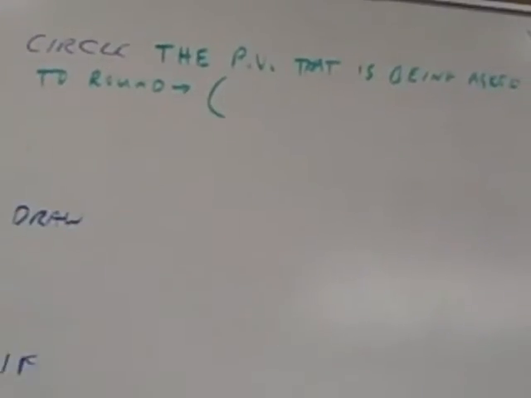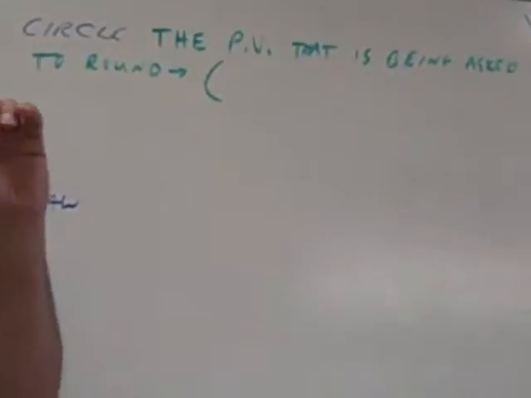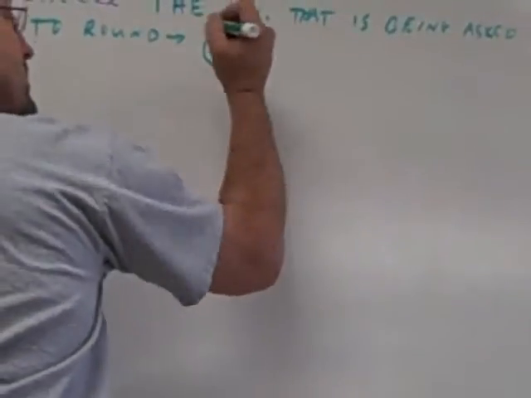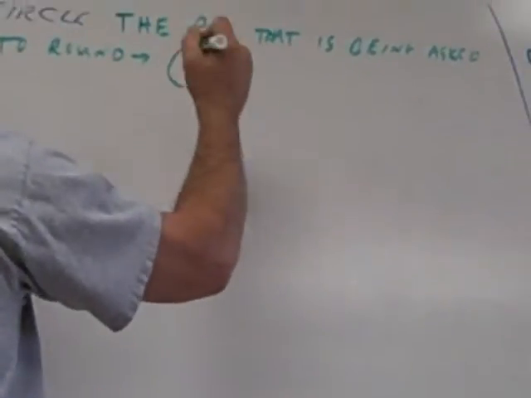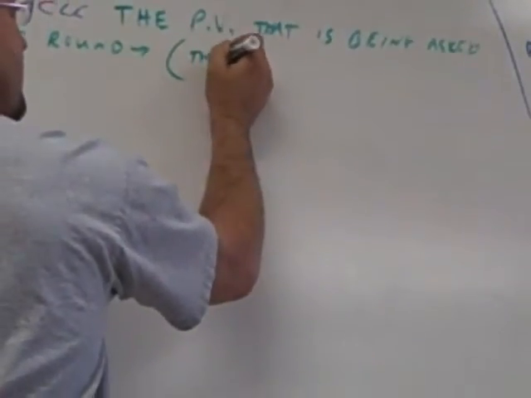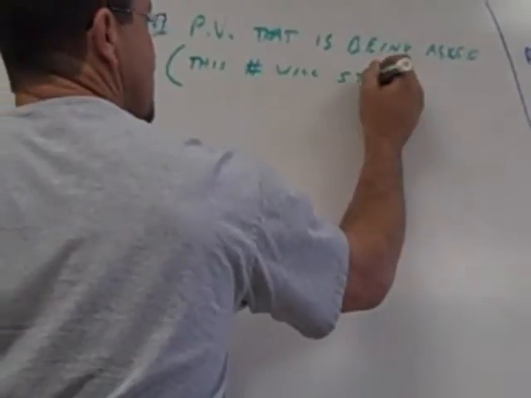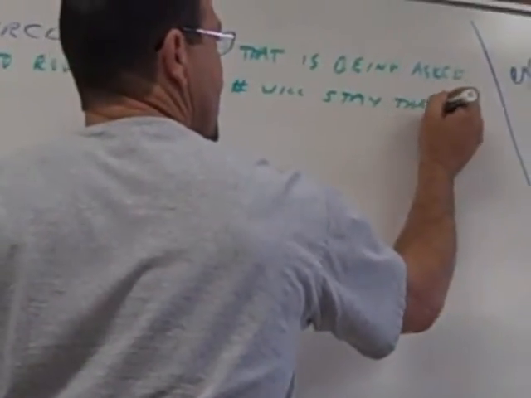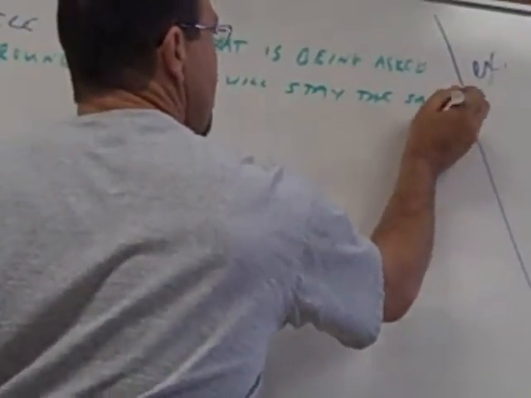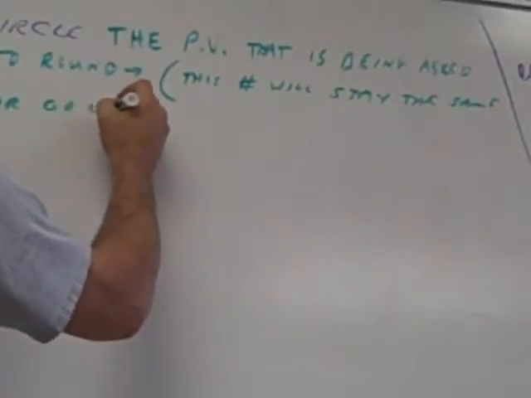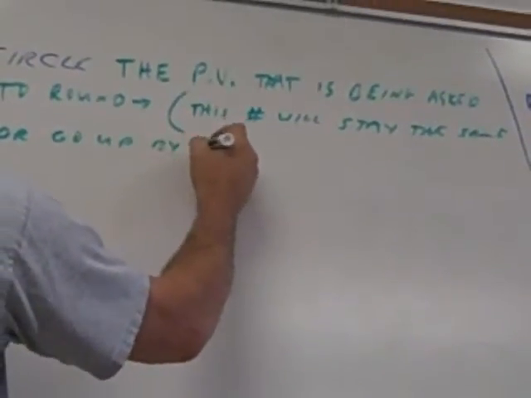Now I've got a parenthesis here with an arrow, right? I mean, there's more to this. We're going to circle the PV that is being asked to round. And here's what I talked about earlier. This number will stay the same or go up by 1.